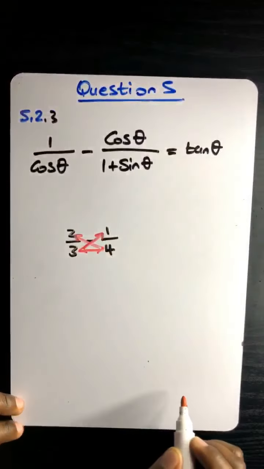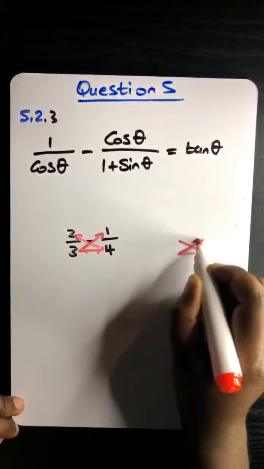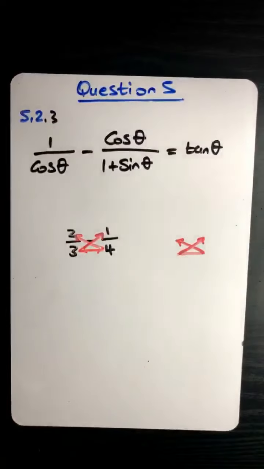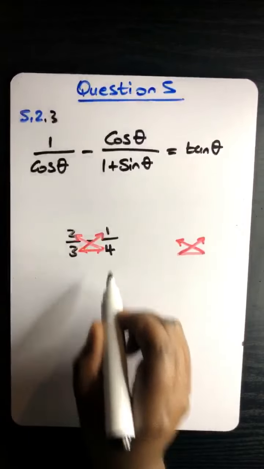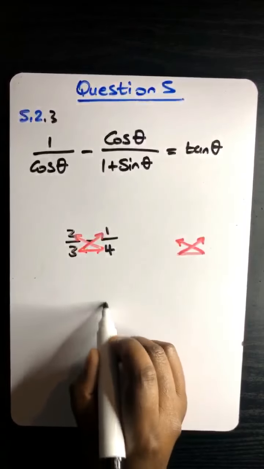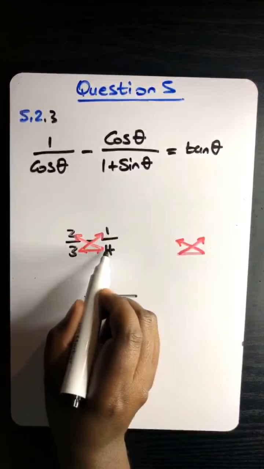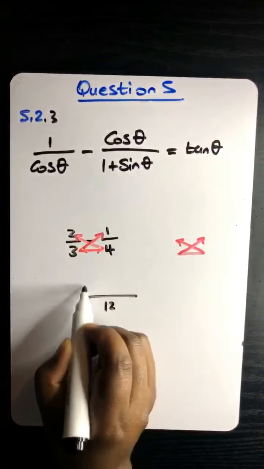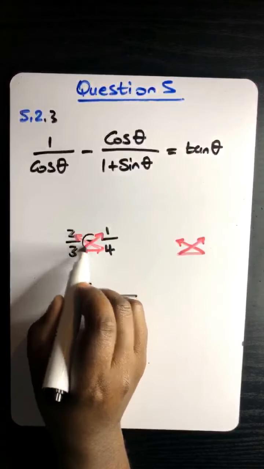I think I've done this before, whereby I said this is the sign to work it out. What does this sign mean? It means 3 times 4. What is that? Is it not 12? It's 12 over... what is this times that? Is it not 8? Determination, you use the sign that is there.